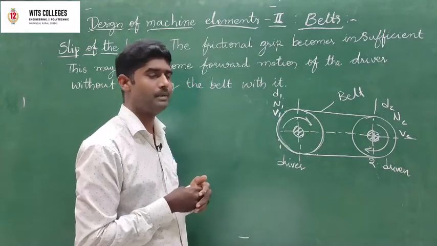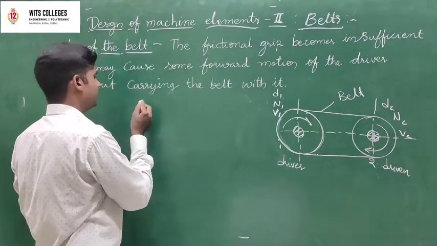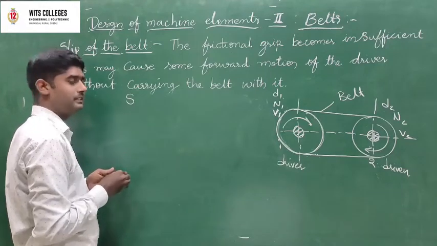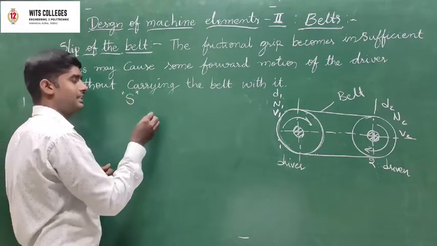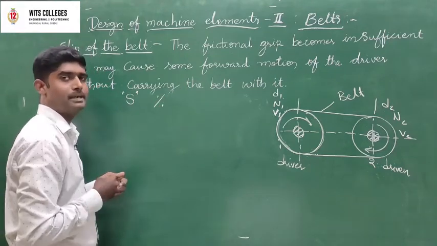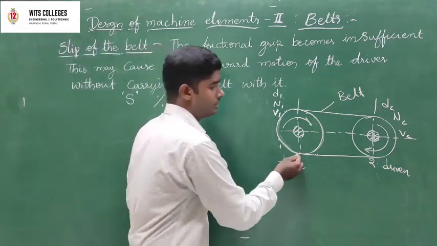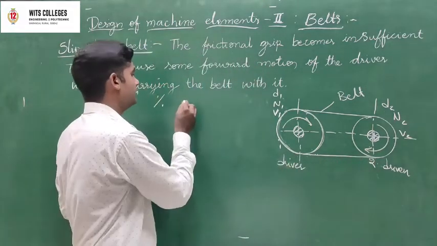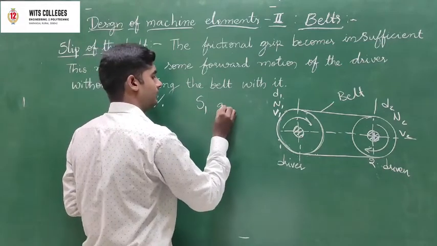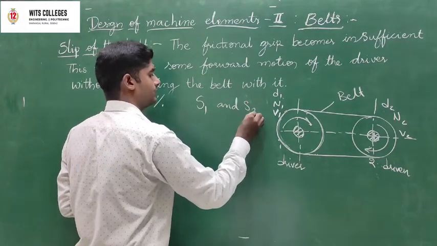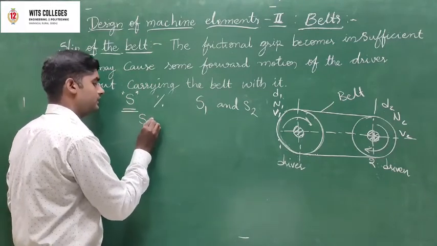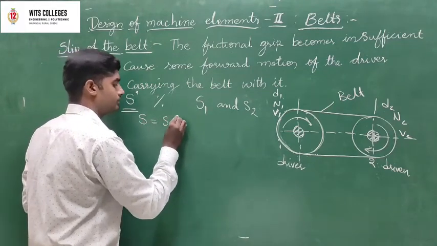Slip is denoted by S, and we consider it as a percentage, the slip percentage. There are two pulleys, so there are two slips, S1 and S2. S means total slip, so total slip S is equal to S1 plus S2.